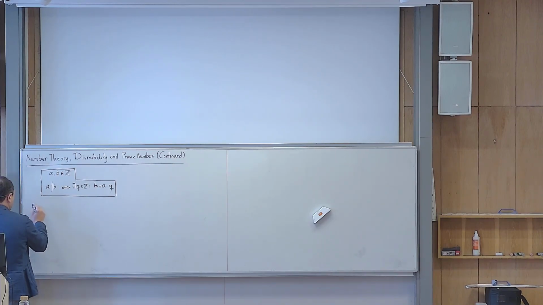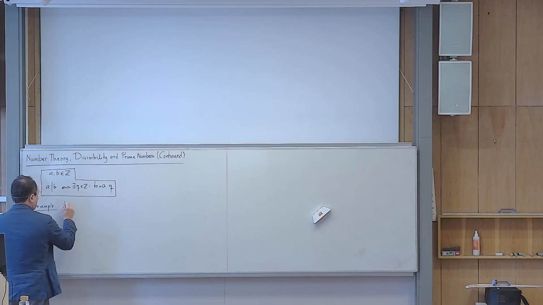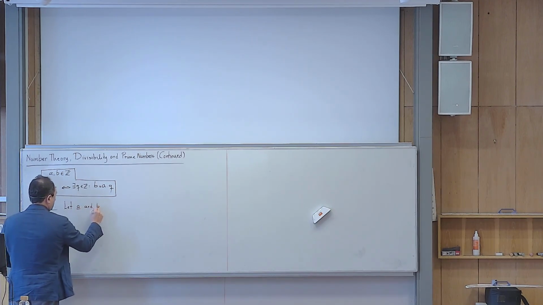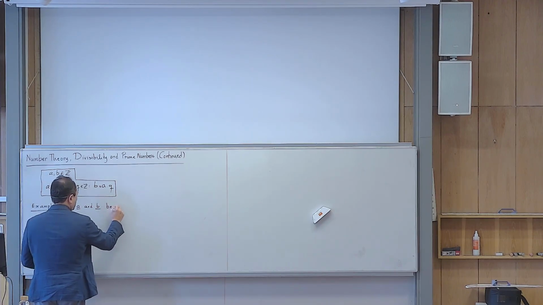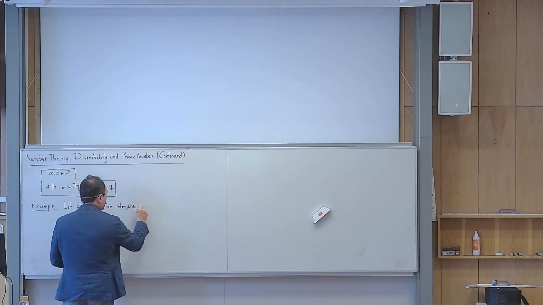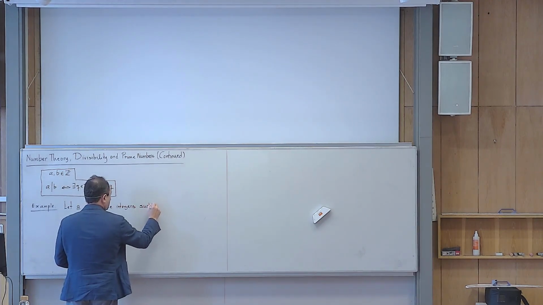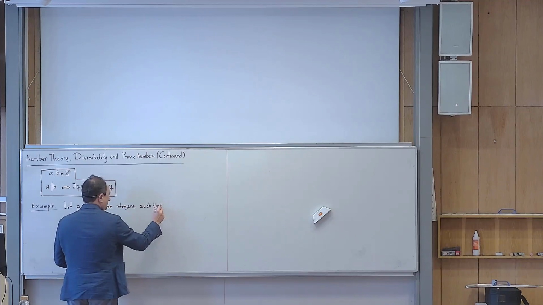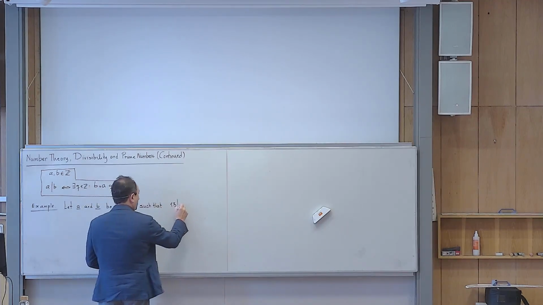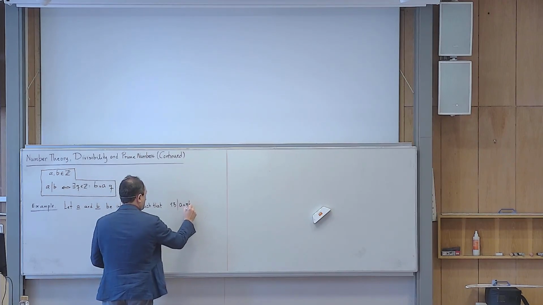Example. Let A and B be integers such that 13 divides A plus 3B.